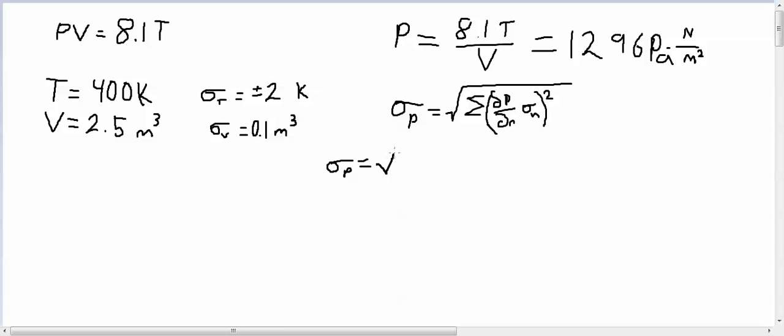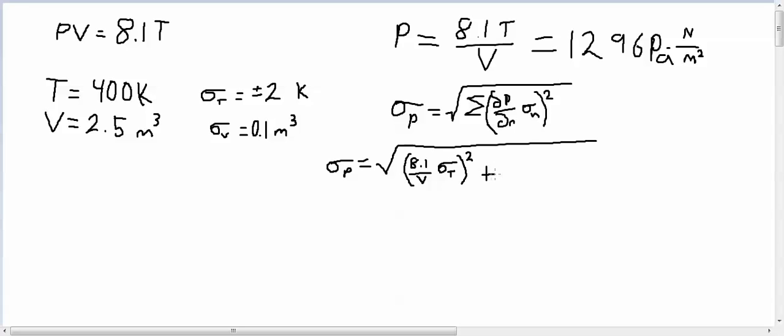It is equal to the square root of, let's take the derivative with respect to temperature, and that's going to be 8.1 divided by V, and we're going to multiply that by the variance of temperature, and we're going to square that.